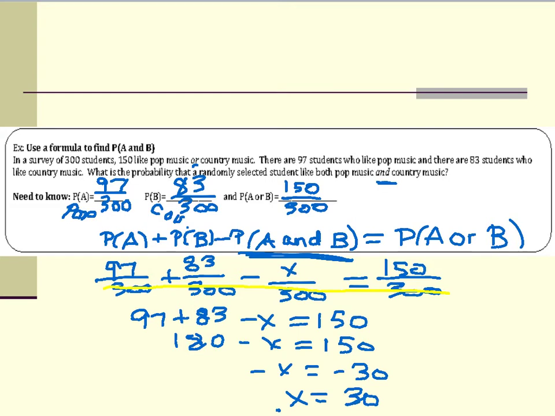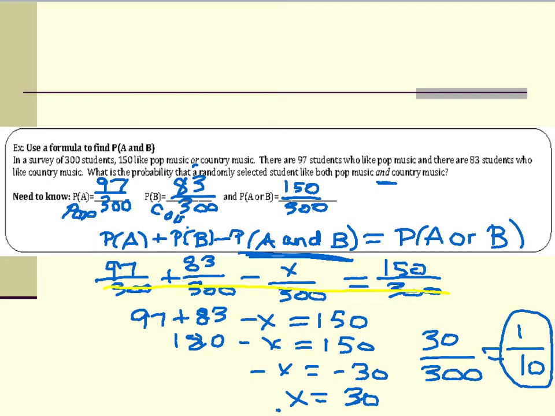So, what's the probability that a randomly selected student likes both pop and country music? Well, that's 30 out of 300, which reduces to 1/10. So our probability is 1/10.